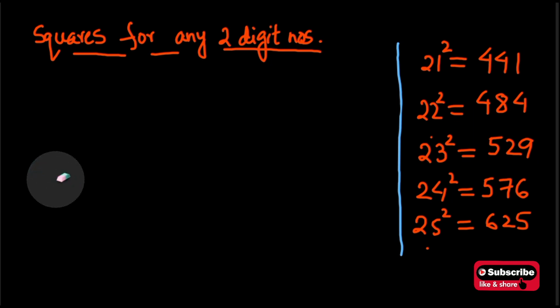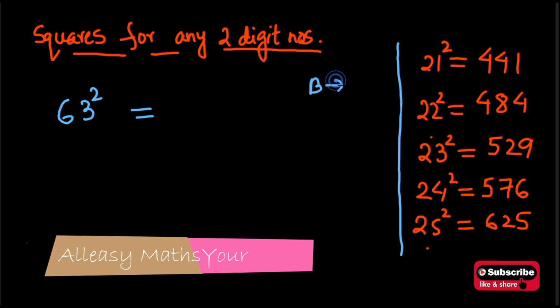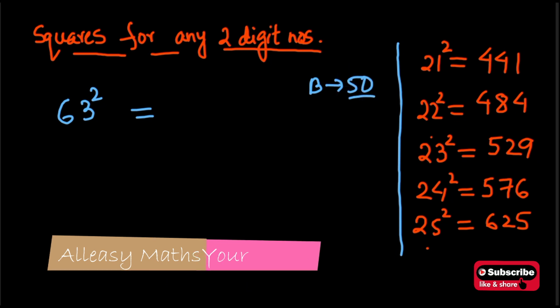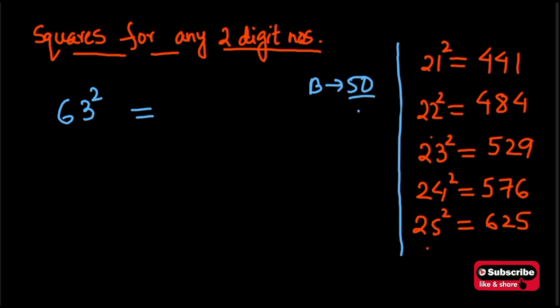Let's discuss some more examples. For practice purposes, you need to make your own, applying the rules. Let's say 63 square. We have to compare it from 50, so you have to take the base as 50, because this number is near 50. So 50 to 63 is how much? 13.